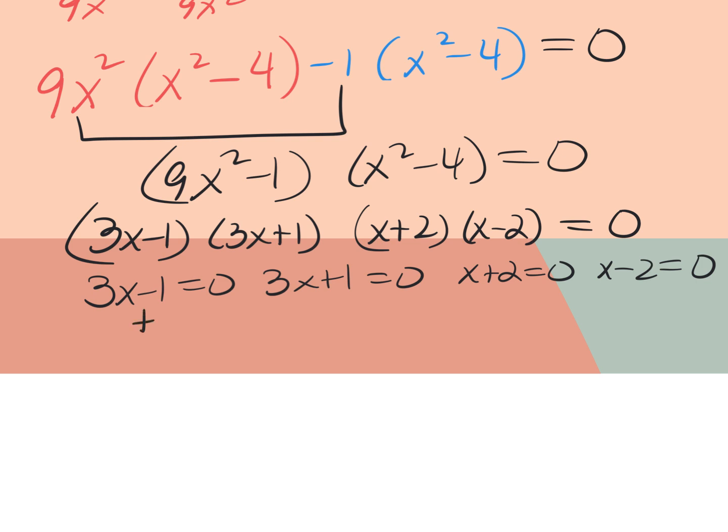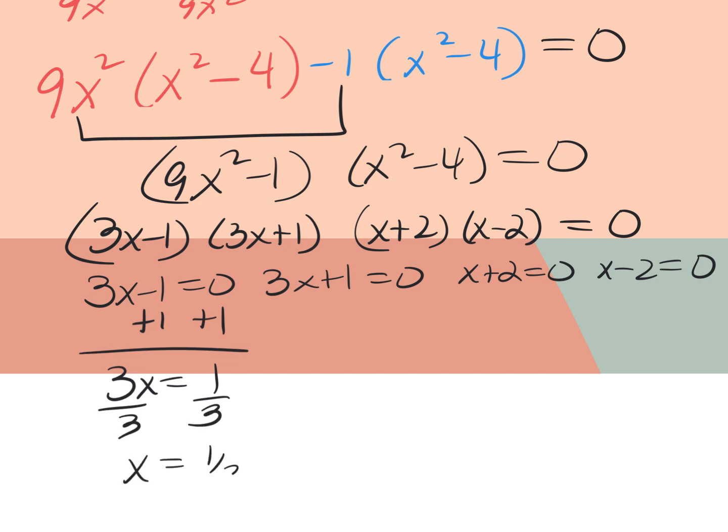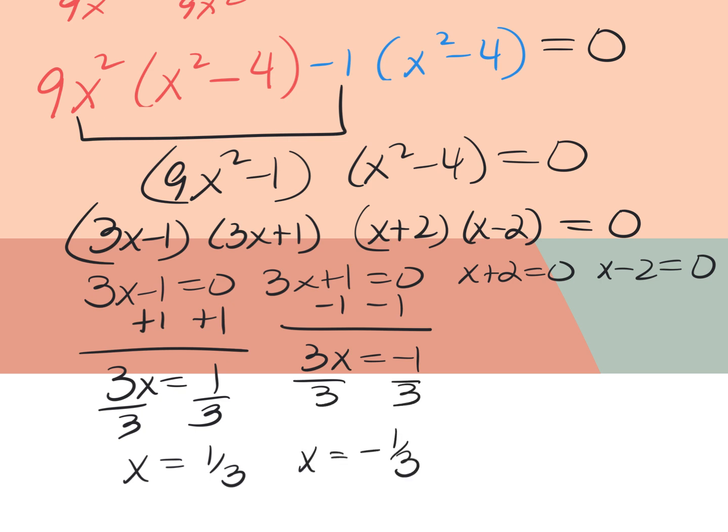So I'm going to add 1. My first solution after I divide is x equals positive 1/3. Do the same thing here. First subtract though, then divide, and x equals negative 1/3.